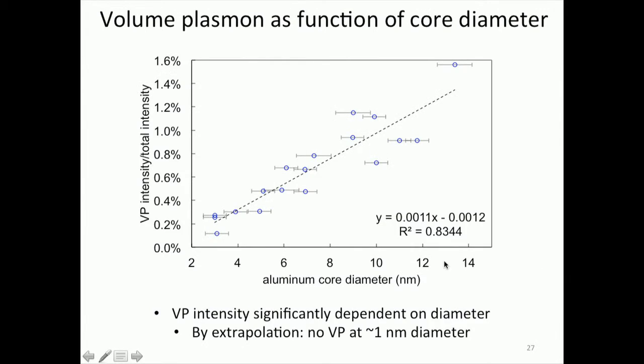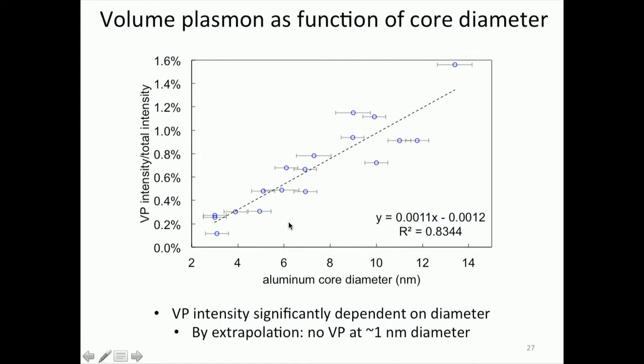So here, let's talk about the signal of the volume plasmon. You have the volume plasmon intensity divided by the total intensity on the yield spectrum as a function of aluminum core diameter. You can see that we can significantly change the intensity of the volume plasmon excitation by decreasing the core diameter from 14 down to 3 nanometers.